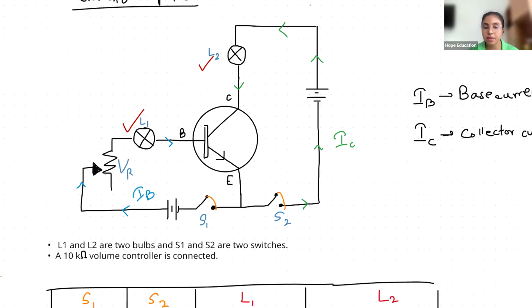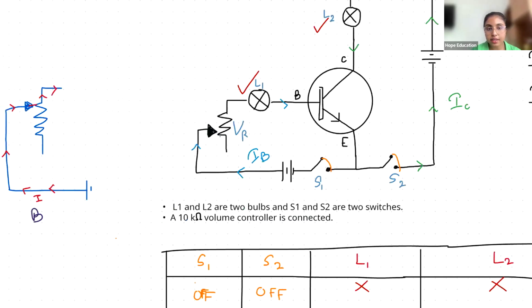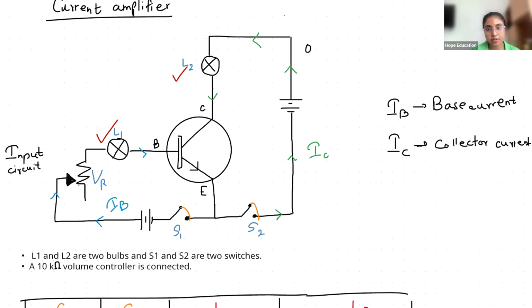Emitter current කියලා එකක් නැහැ because emitter is actually common to this and this both නේ. මේ emitter එක දෙකටම common නේ. So therefore there's nothing called emitter current, right? And also another thing is that we call this small circuit the input circuit. And we call this big circuit the output circuit.